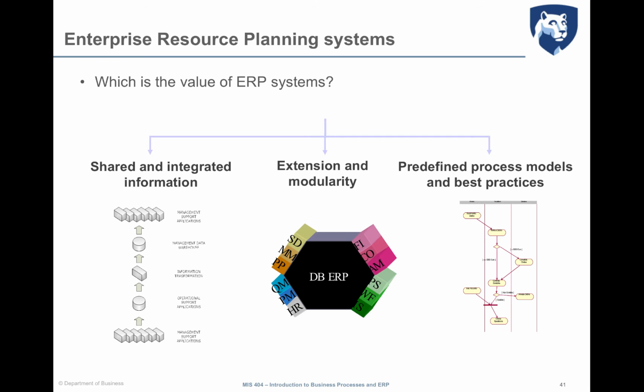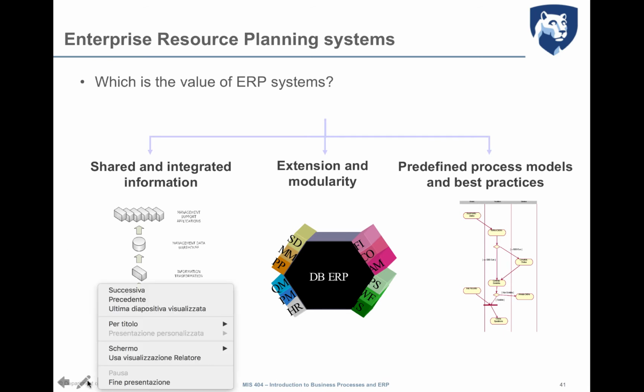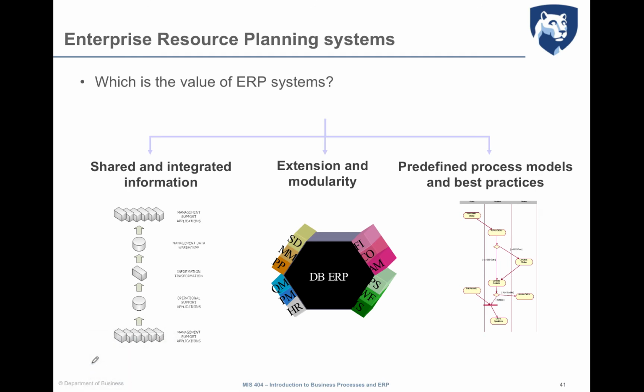Here we can see the three value drivers of an ERP system. First of all, ERP systems are very important resources and levers for improvement because they are able to share and integrate information coming from the operational processes between all the actors of the processes, which can access this data in real time and from different locations. Then, we already talked about this when we described the suite.